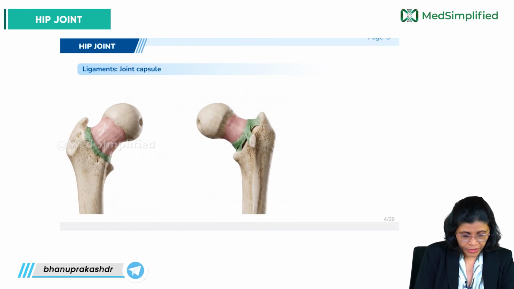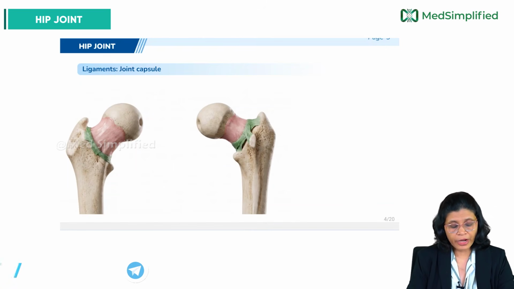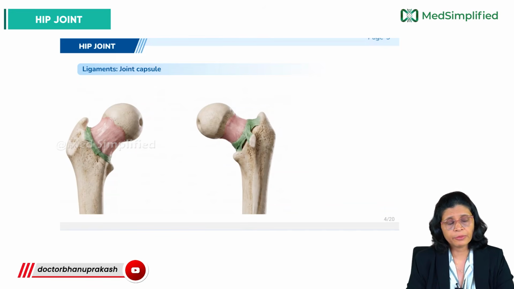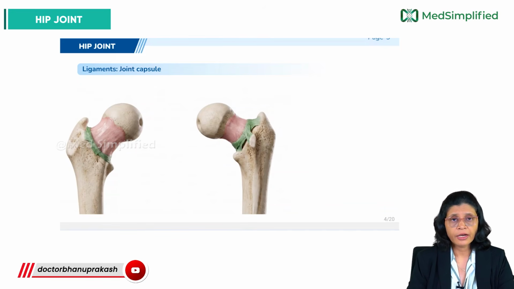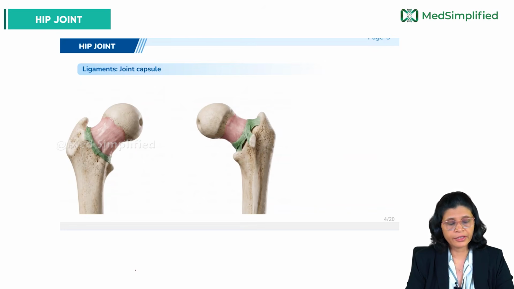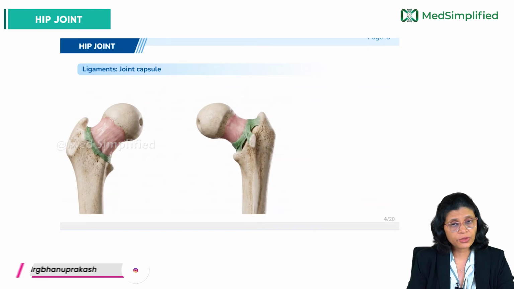On the hip bone, it is attached about 5 to 6 millimeters beyond the acetabular labrum. The acetabular labrum is the fibrocartilage on the outside of the articular surface, which increases the depth of the articulation.